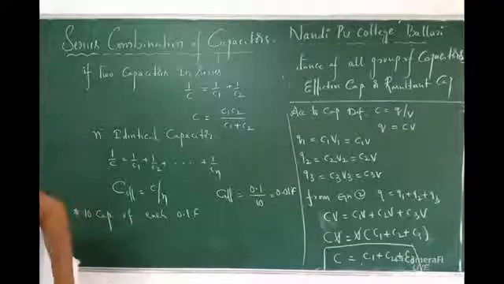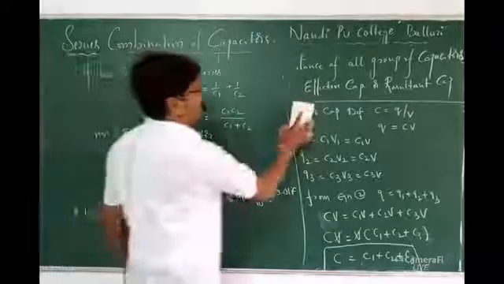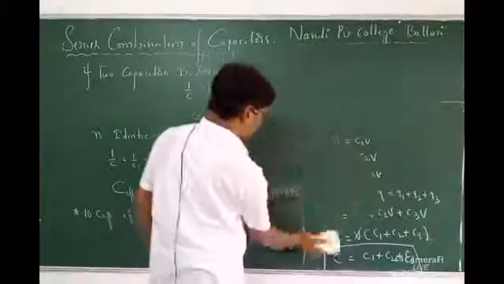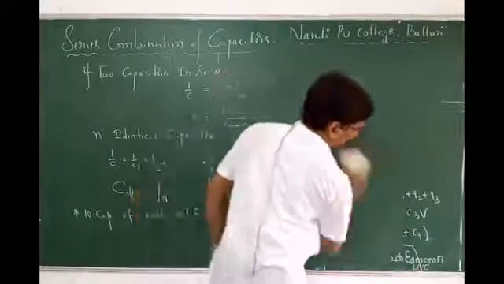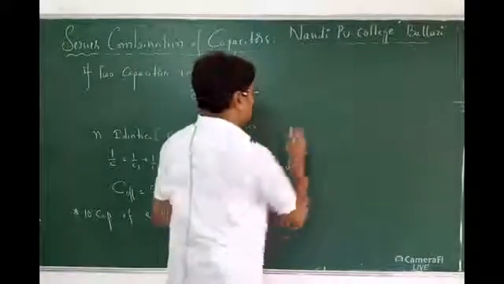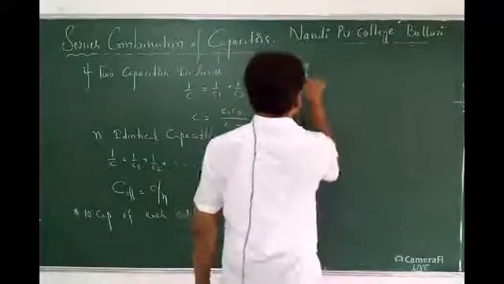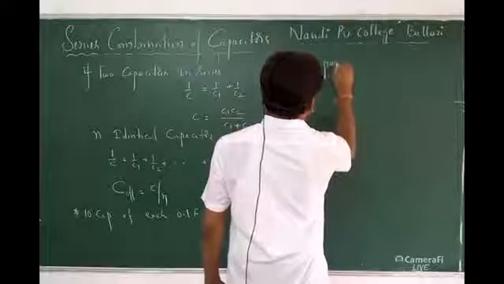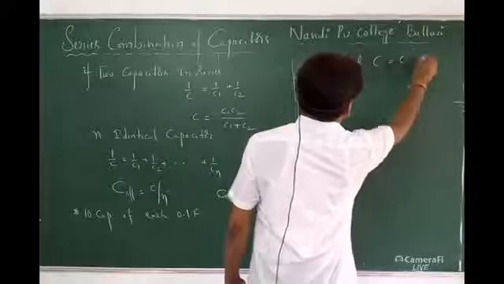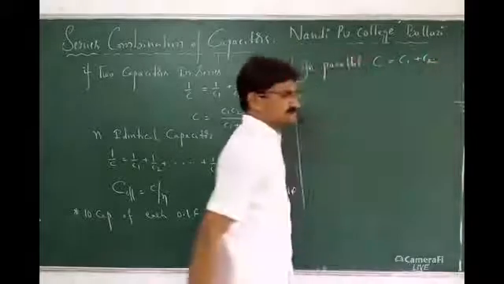If I go for parallel combination, what will happen? Parallel is very easy. In parallel combination, C is equal to C1 plus C2.